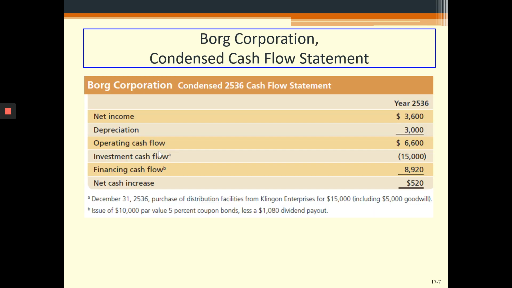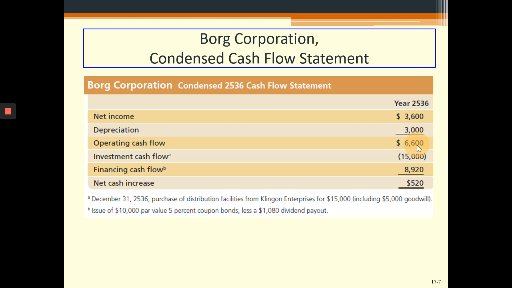So here we can see that in order to generate the cash flow statement for 2536 for Borg Corporation, from net income, which was 3,600 for this year, we added back the depreciation. We arrived at operating cash flow, and from this we can subtract the investment cash flow.